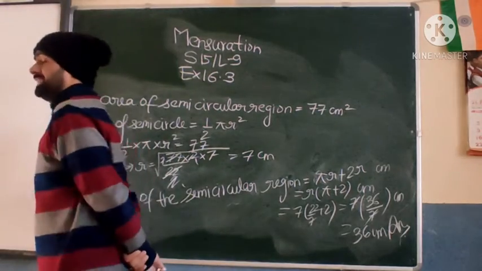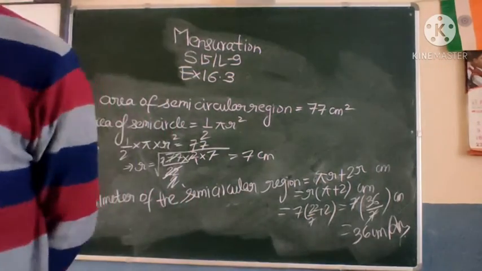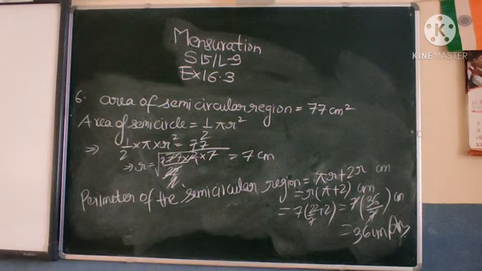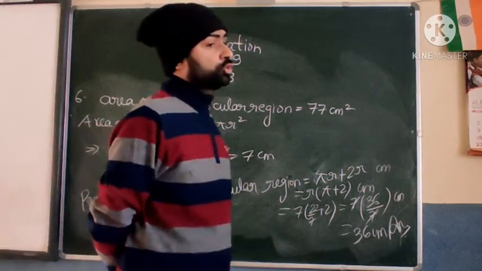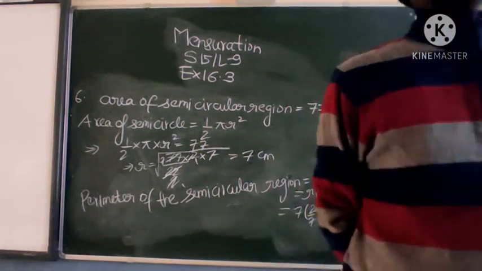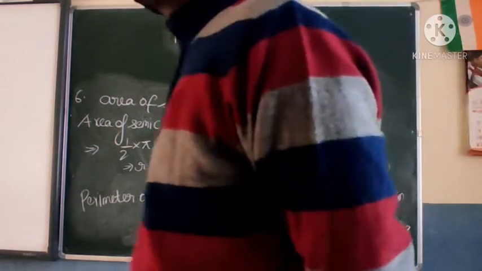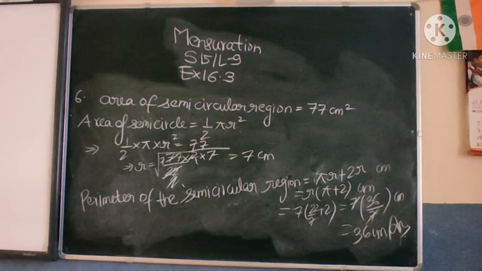Some people will get carried away: area of a full circle is pi r square, so half circle is half of pi r square, and since the perimeter of a full circle is 2 pi r, for a semicircle it will be pi r. That's it, so there they will get it wrong. So you must take care that in the semicircle there are 2 more radii. Those are things you must consider and accordingly proceed further.